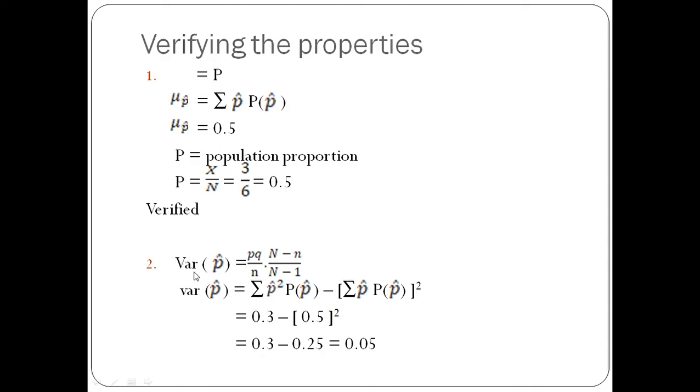Then the second property is that variance of p cap is equal to this formula. For variance of p cap, the formula is summation p cap square into probability of p cap minus summation p cap into probability of p cap, whole square.